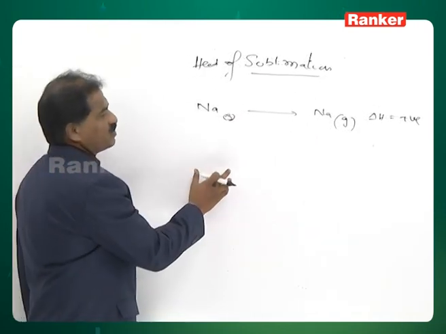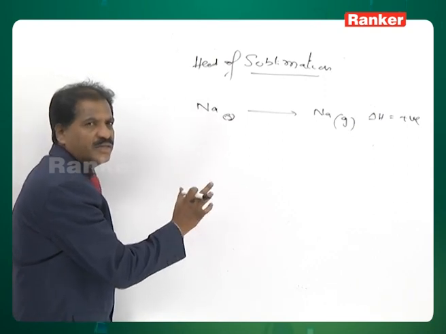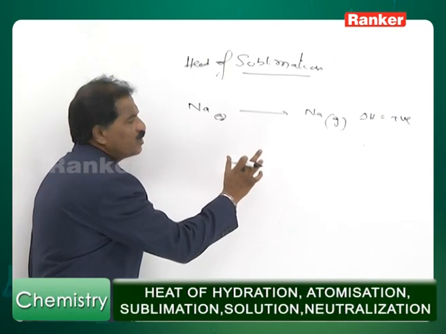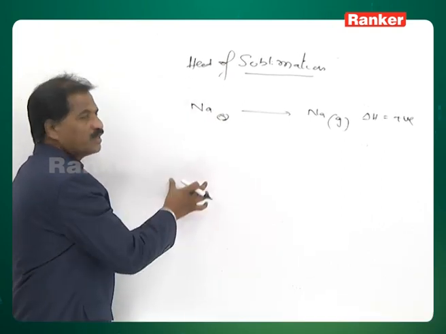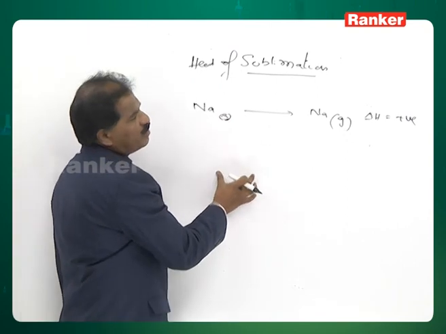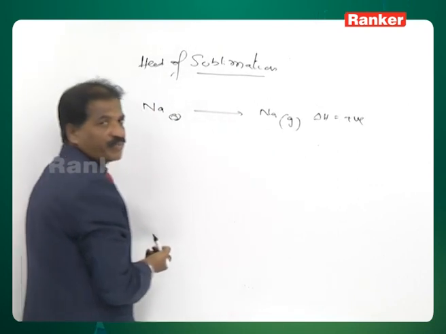Heat of sublimation. Sublimation means the process of conversion of the solid into gaseous state without passing through liquid state. During the sublimation, always a definite amount of energy is absorbed. Hence, sublimation is endothermic.